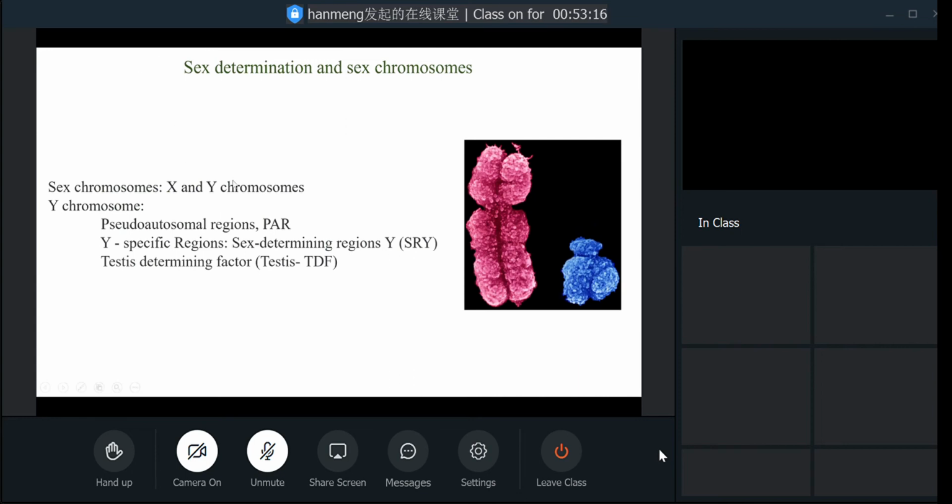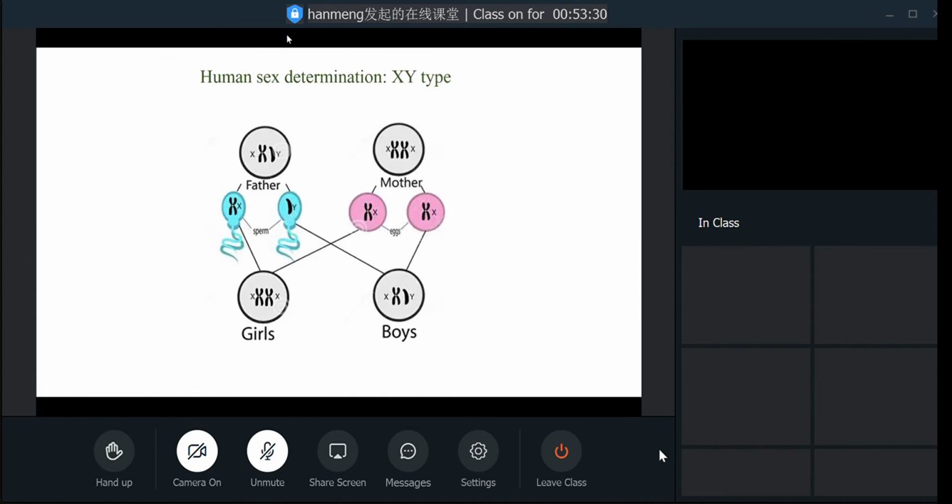So it is the Y chromosome that determines the sex of humans. And so humans have XY sex determination. It is the Y chromosome that determines a man or woman.